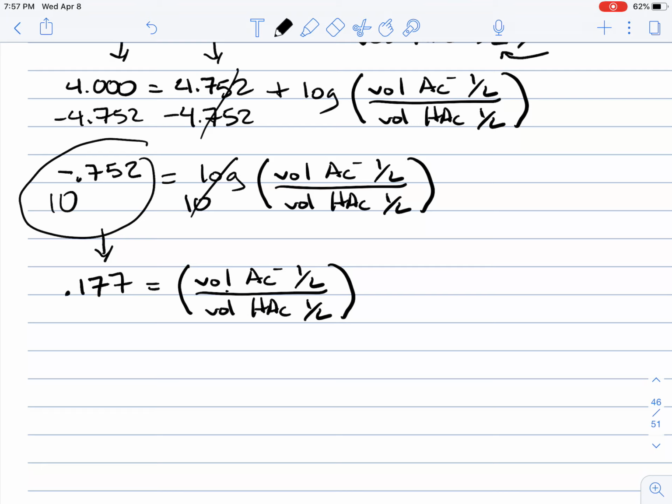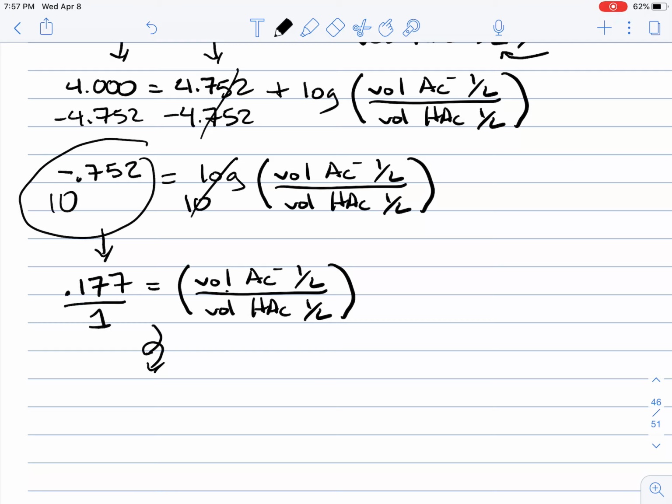All right, so notice that I have this value 0.177 that's equal to the volume of acetate on a per liter basis and the volume of acetic acid on a per liter basis. So we don't want anything in terms of per liter. We want things in terms of liters. And so what we're going to do is take the reciprocal of both values. So in other words, we're going to flip. So let's just say that this is over 1.